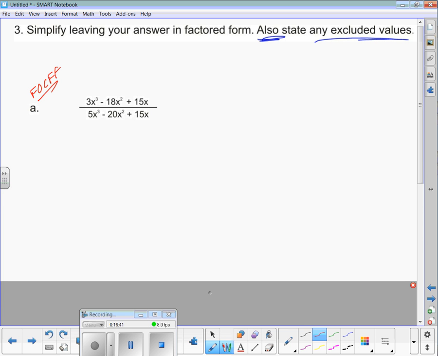You cannot. And in both of these, in the top one, I can get a 3x out. What's left? x squared minus 6x plus 3. Oops, plus 5. Much better. Okay, that's the top. I have a common 5x on the bottom, and that leaves me an x squared minus 4x plus 3 on the bottom.